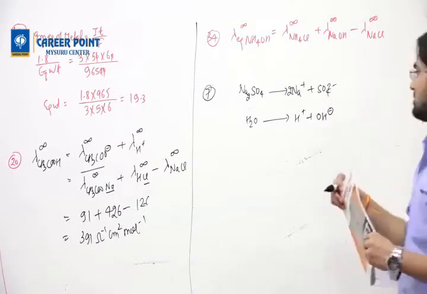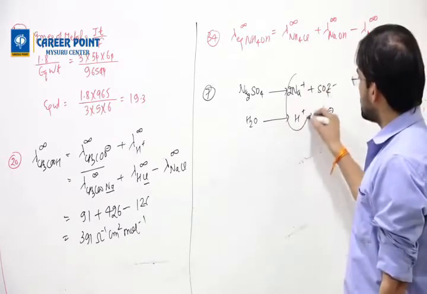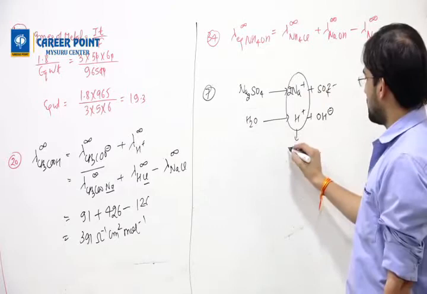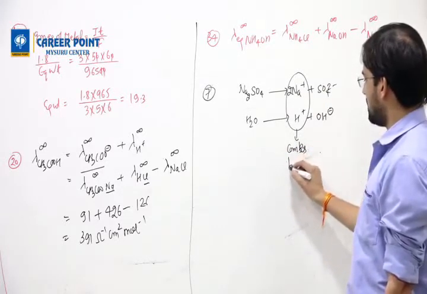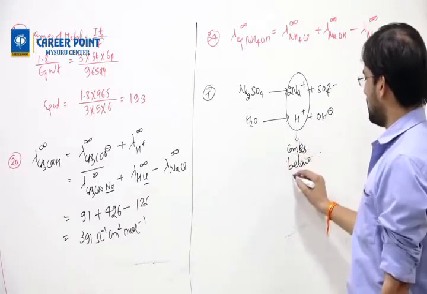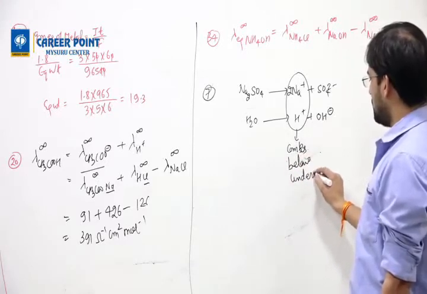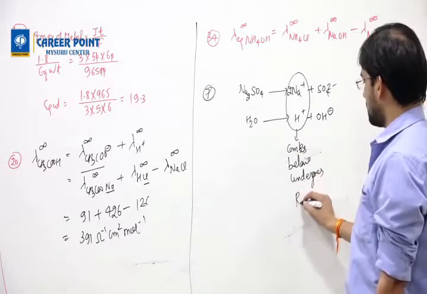Now what happens is, out of these two cations, the one which comes below, this I already told you, undergoes reduction.